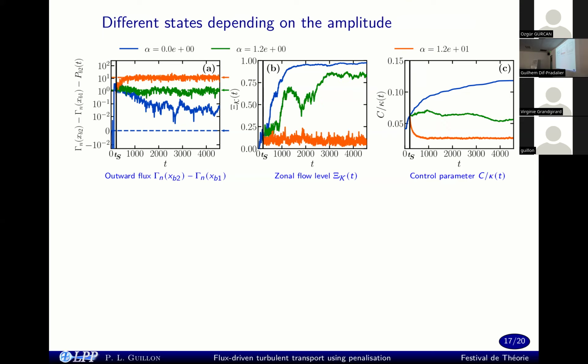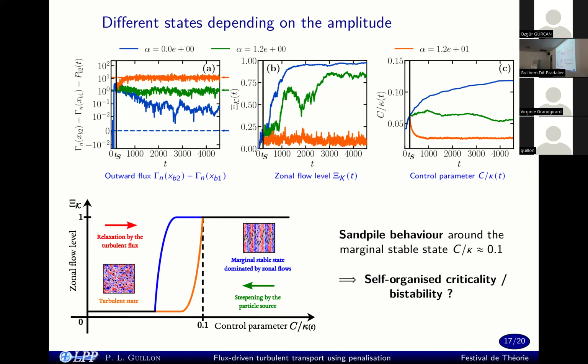Now, if we look at the low source amplitude simulation, you see that there is this oscillating behavior of C over kappa, because here the profile relaxes, then it's increased by the source, because it's steeper, it generates some flux, so then it relaxes, and so on and so forth. And this is because, as I said, we have this competition between the flux making the profile collapse and the source steepening the profile.